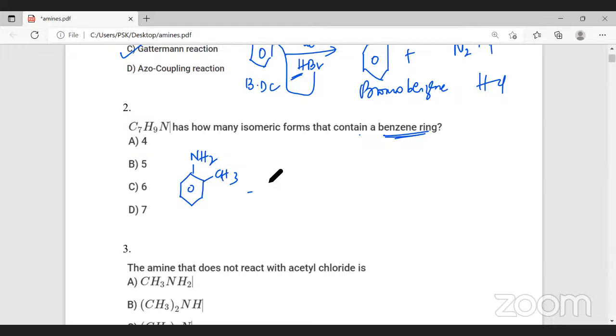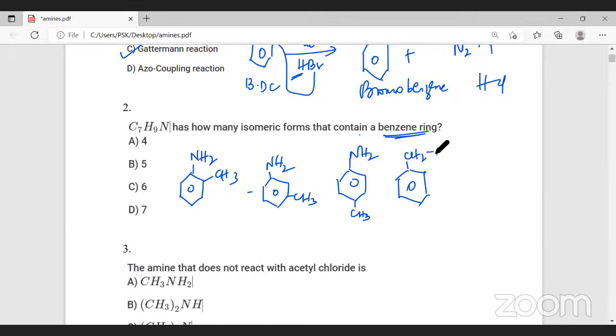The second one we can write as a benzene ring, NH2, and you have CH3. This also has the same molecular formula. Another one is we can represent it in the para position, NH2 and CH3 para. The next molecule possible, we can write C6H5, CH2 and NH2. 4 hydrogen, 5, 6, 7, 8, 9 hydrogen. 1, 2, 3, 4, 5, 6, 7 carbon.